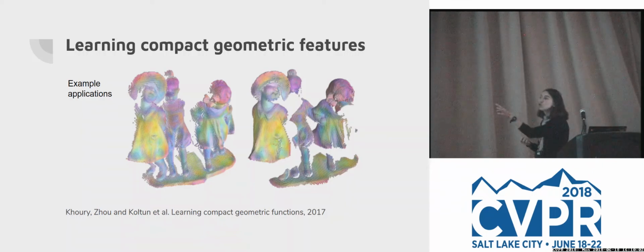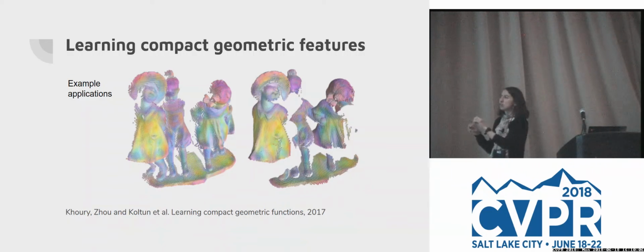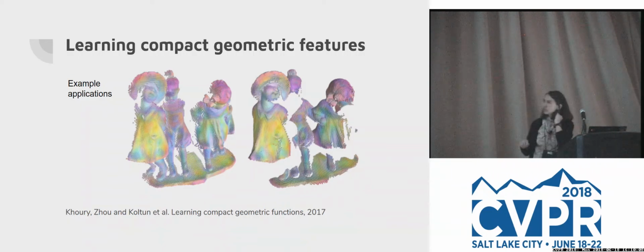And these are, again, two different point clouds. This one is called smiling children, laughing children, or something like that. And then you can see that these features are also trying to capture things that are similar in their local shapes.